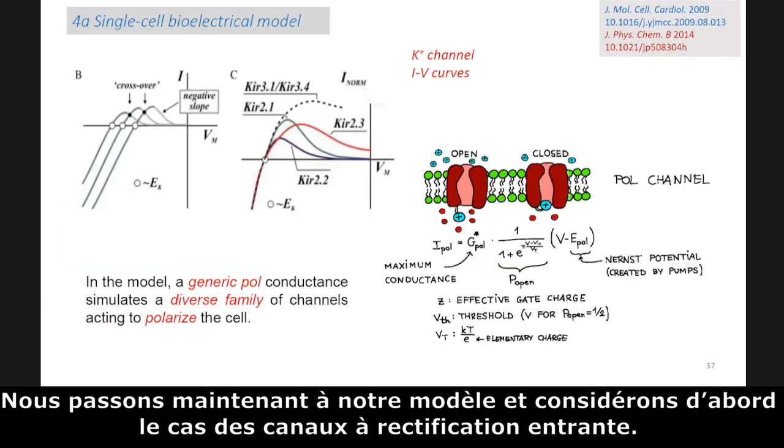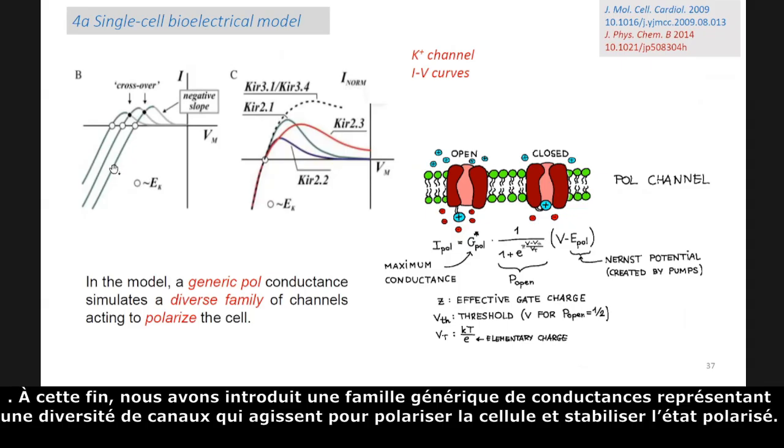So let's move to our model and consider first the case of the inward rectifying channels. To this end, we have considered generic conductance families, which represent a diverse family of channels that act to polarize, act to fix the polarized cell state.